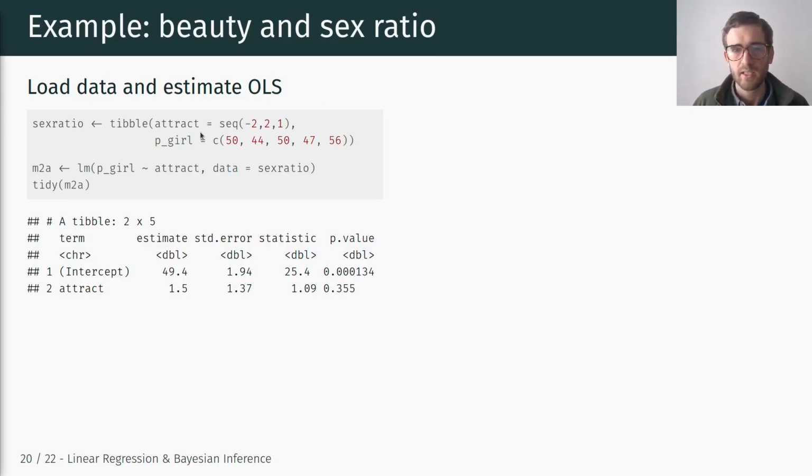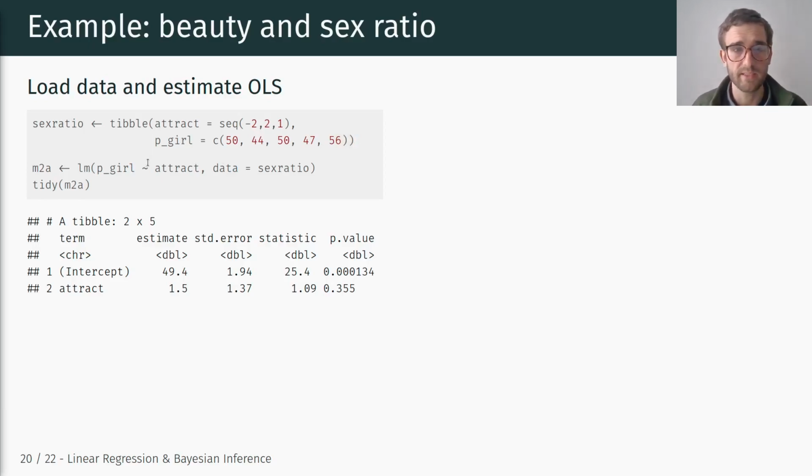And what we've done here is we basically aggregated for each attractiveness level, which ranges from -2 to 2, so 5 different categories. We computed the average proportion of girls for each of those groups, okay?